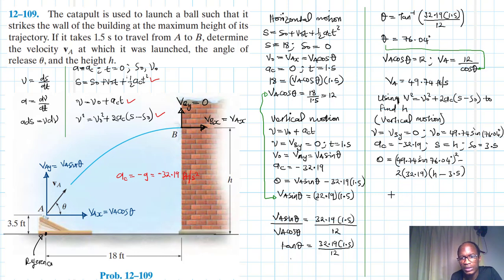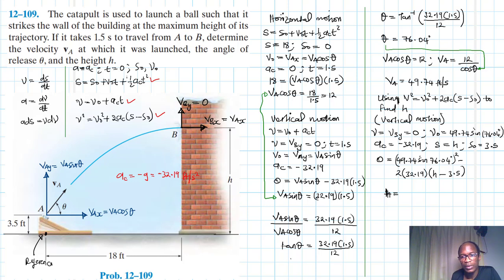So making h subject of the formula, which you can do, I'll make it directly just by using my calculator. So I'll say 49.74 sine 76.04 squared, and I'll say divided by 2 times 32.19, then I will say plus 3.5.